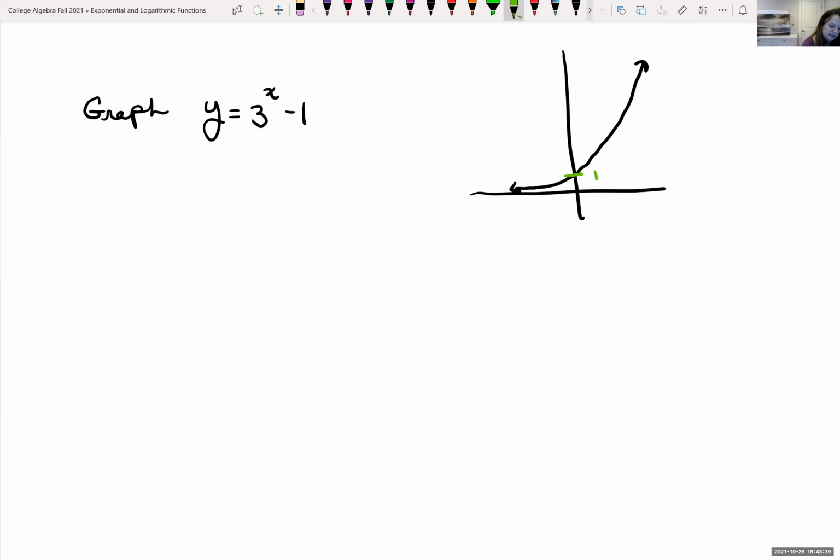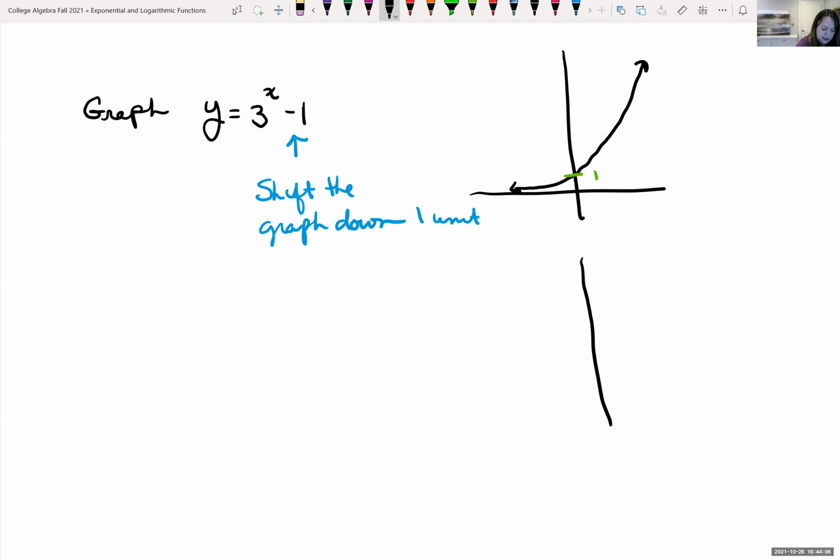And that -1 just shifts my graph down 1 unit. So what used to be my horizontal asymptote on the x-axis is now shifted down 1 unit. So now my horizontal asymptote is going to be the line y equals -1.